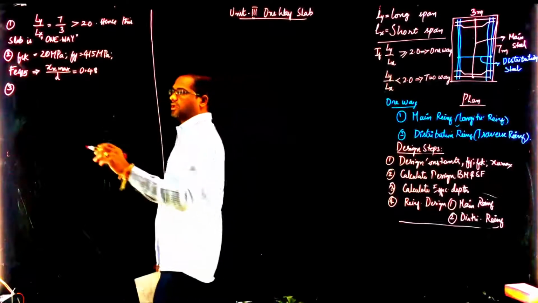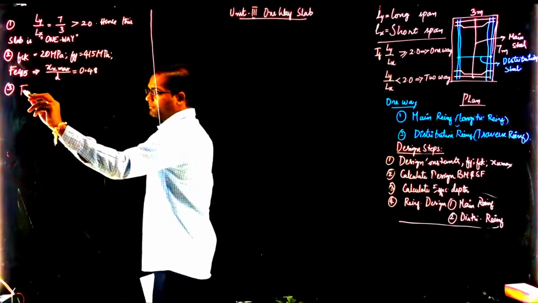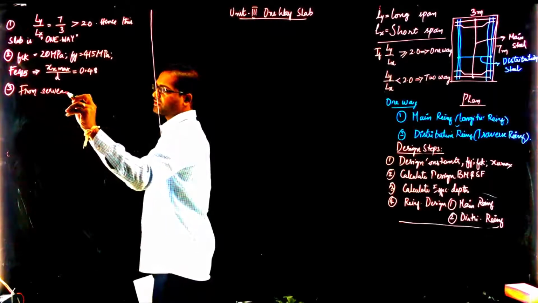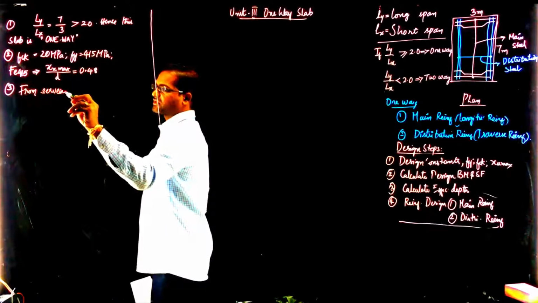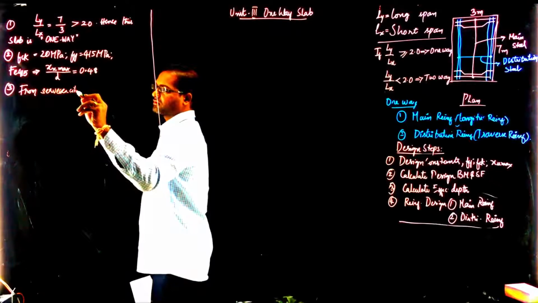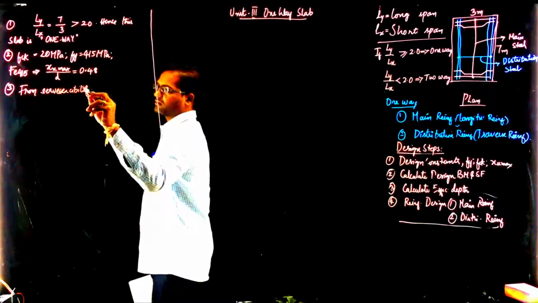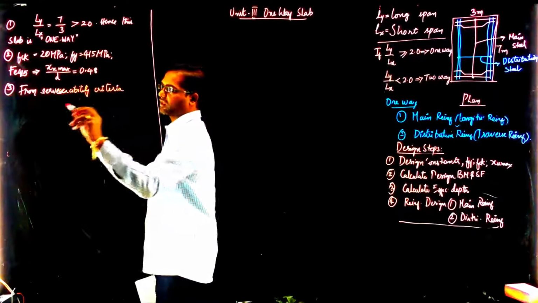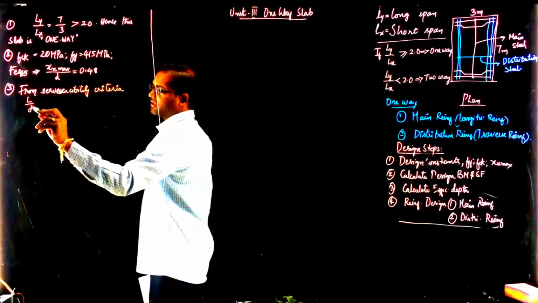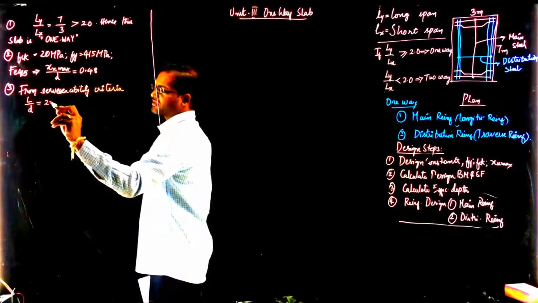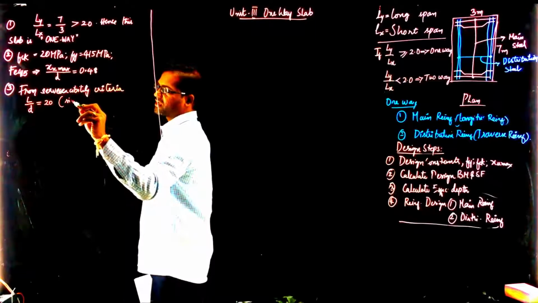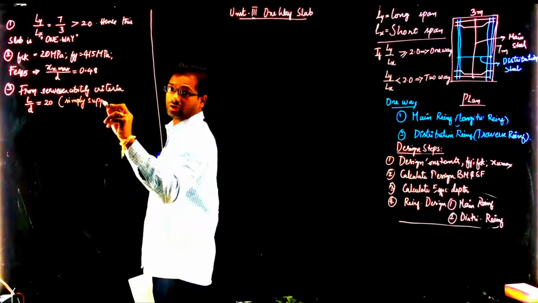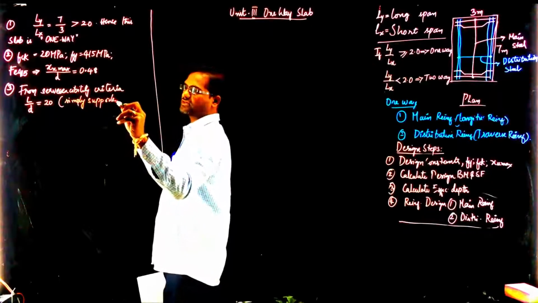So, from the serviceability criteria, L by D is 20 because this slab is given as simply supported. If it is not given, you assume it as simply supported.